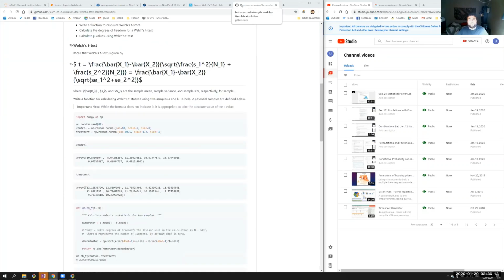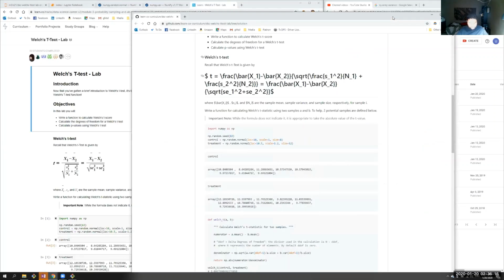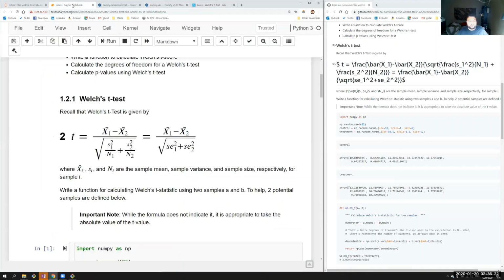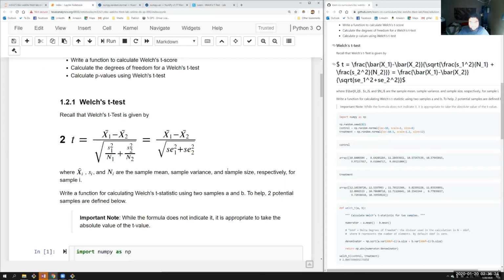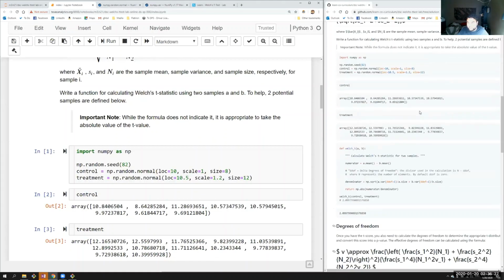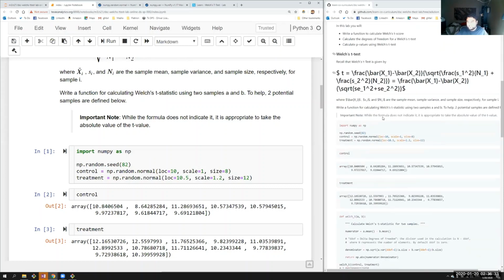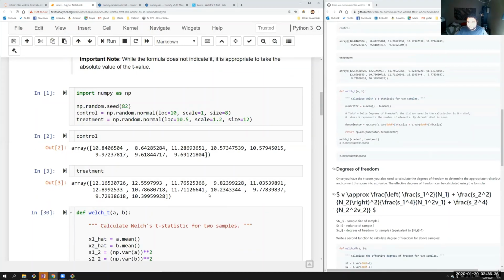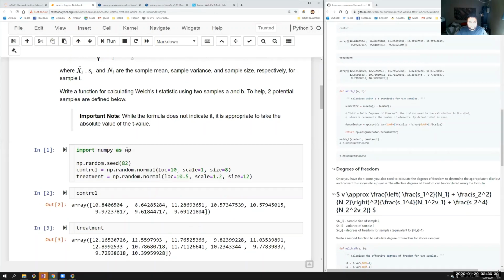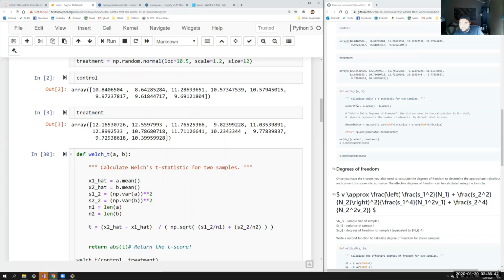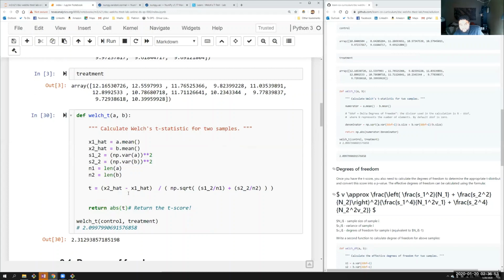So let's go down and let's compare. What did they do? And let me go back to mine. Okay, np.random.seed(82), control. So yeah, I don't know why they get a different result, let's see what they're doing differently. The numerator is a.mean minus b.mean. Same thing, kind of.